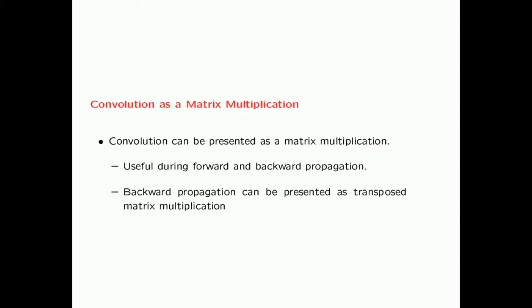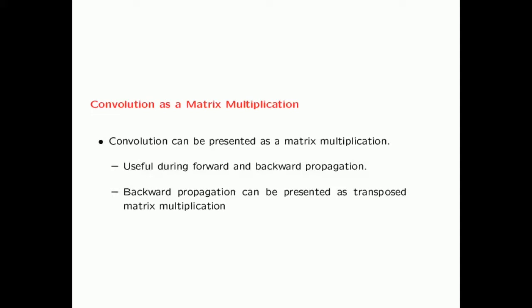Now, another way of looking at convolution is that you can present the convolution operation as a matrix multiplication. Presenting a convolution operation as a matrix multiplication is very useful both during forward propagation as well as backward propagation.